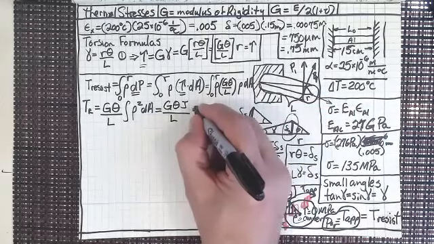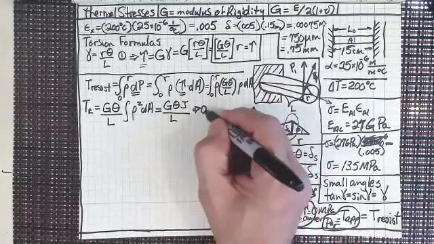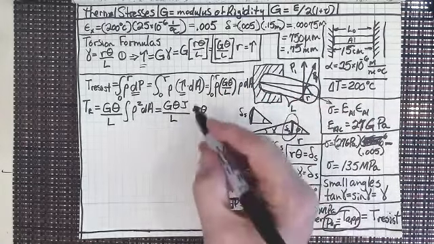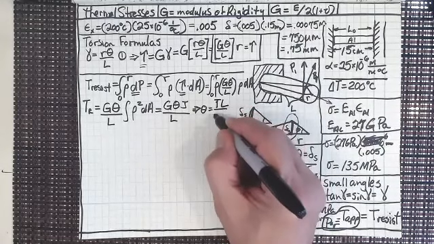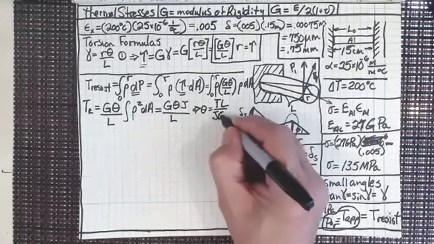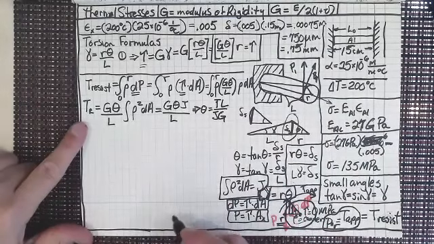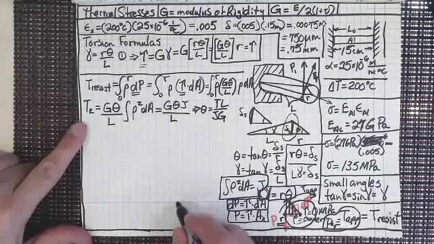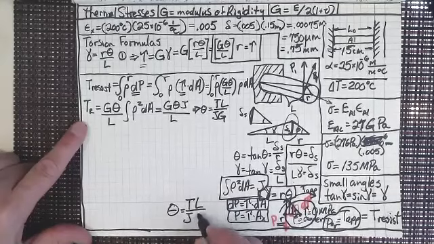What does that tell us? That gives us our first equation. Theta equals TL over JG. What I want to do is put that down here. Theta equals TL over JG.